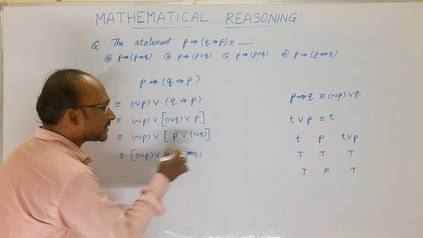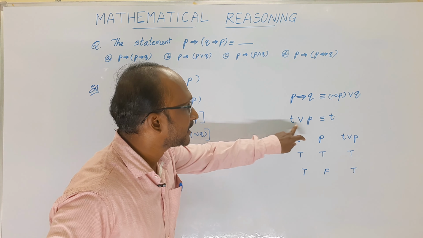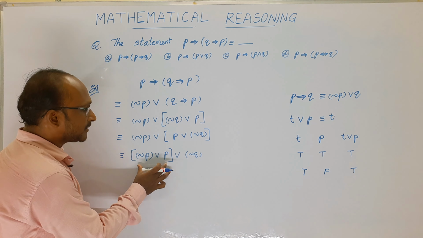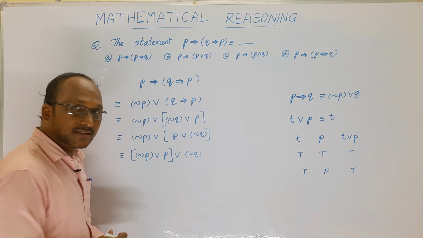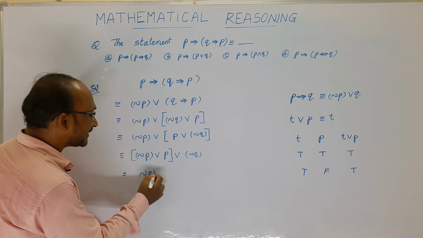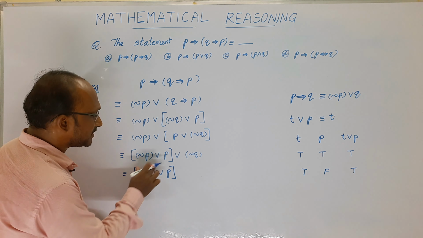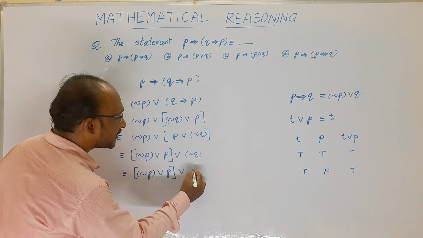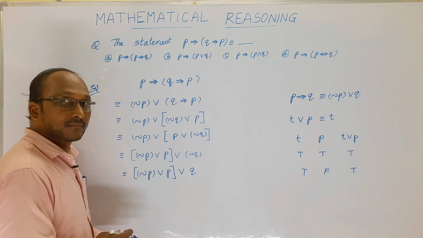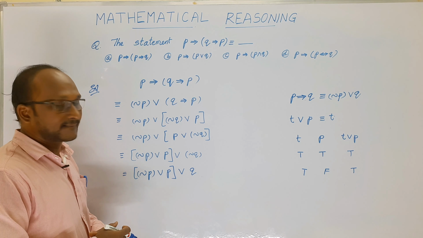That's why here we can say that T or some statement negation Q is always a true statement. T or some statement P is true. Like that, here also T or some statement negation Q is true. We can replace this statement by its equivalent statement T or Q. Though you take T or Q, T or negation Q, both are equivalent statements.